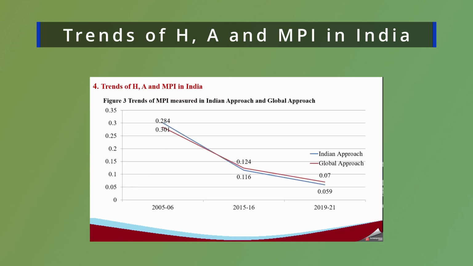The Multidimensional Poverty Index, MPI, is a unit-free measure. In India, its value also decreased from 0.284 in 2005-6 to 0.059 in 2019-21, following the measurement of the Indian approach. In case of the global approach, its value also reduced during this period.